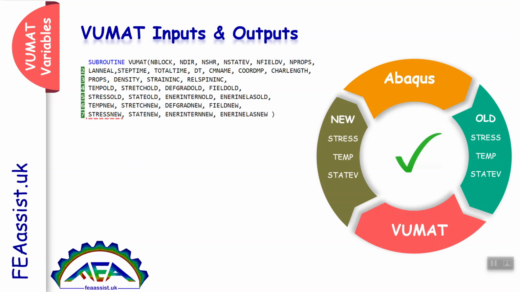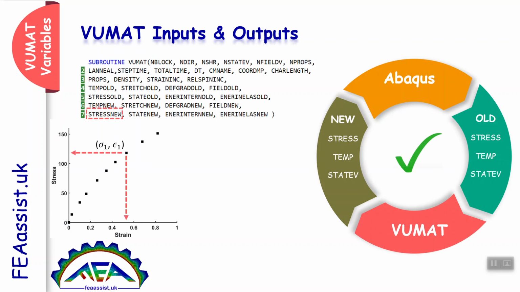Here we explain one of the most important variables of the VUMAT subroutine, which is stress, and here stress new. Consider you have a stress and a strain at this point, and you want to predict and compute the stress at the next point. What can you do?